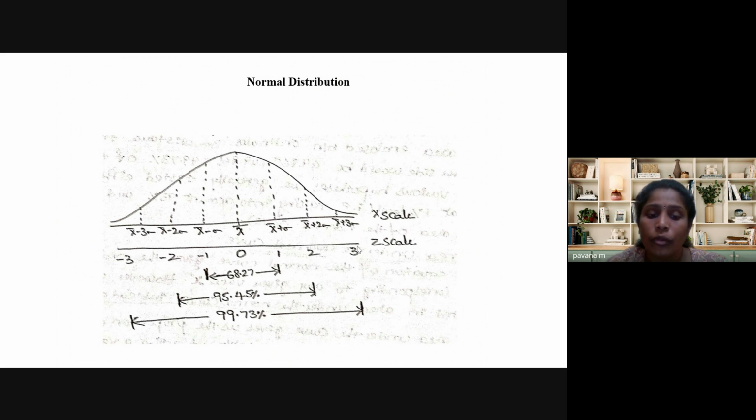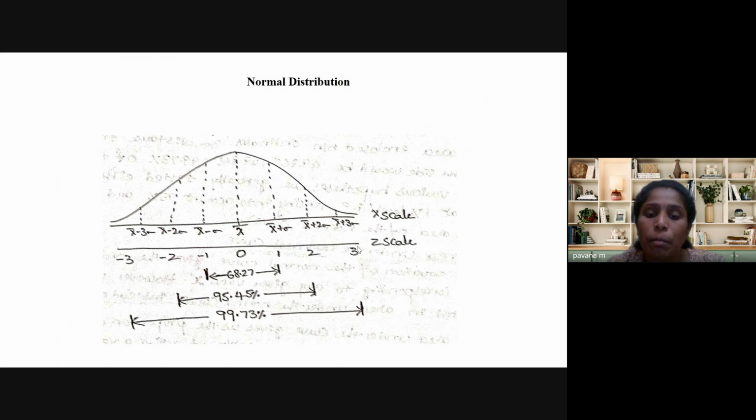If you measure the percentage of these intervals, because the center average is 0, between x bar plus sigma and x bar minus sigma, what is the percentage? 68.27 percent. That means the area covered under this curve is 68.27%.